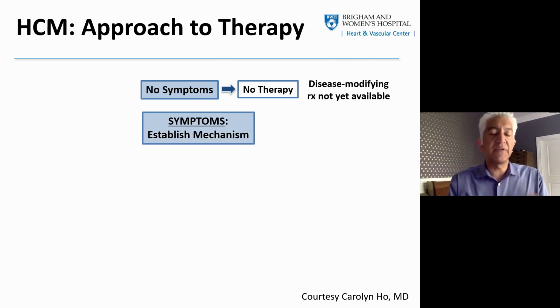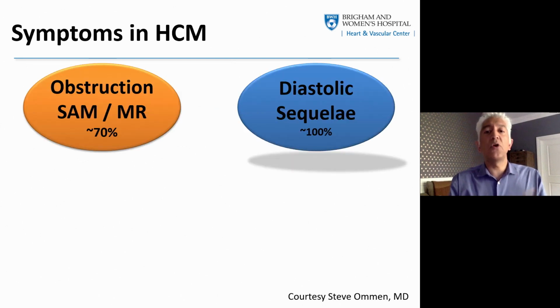If they have symptoms, the question then becomes, do they have hypertrophic cardiomyopathy with obstruction, or do they have non-obstructive hypertrophic cardiomyopathy? Well, what do I mean by that? About 70% of patients with hypertrophic cardiomyopathy have dynamic obstruction from the septum and the anterior mitral leaflet of the left ventricular outflow tract due to systolic anterior motion, that's called SAM, of the mitral valve.